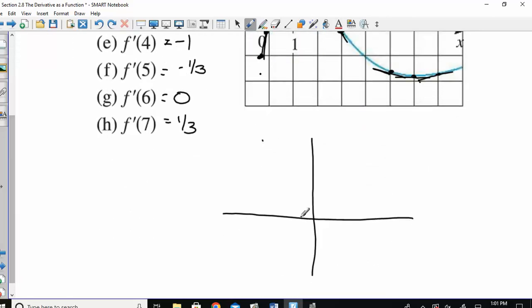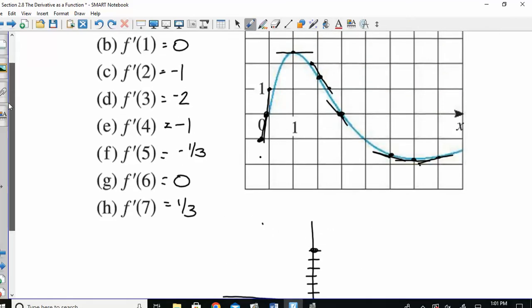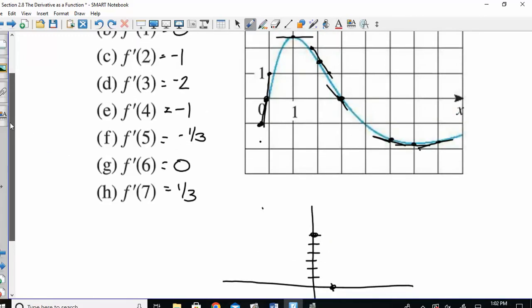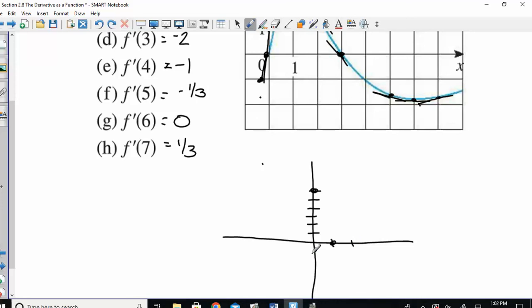So the first point I have is 0, 6. I have 1, 0. 2, -1. 3, -2. 4, -1. 5, -1/3. 6, 0.